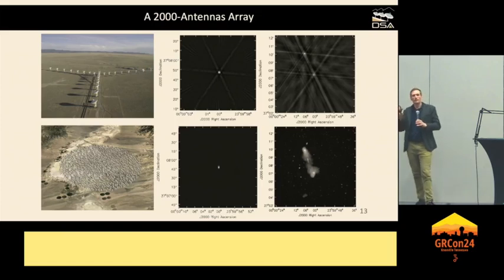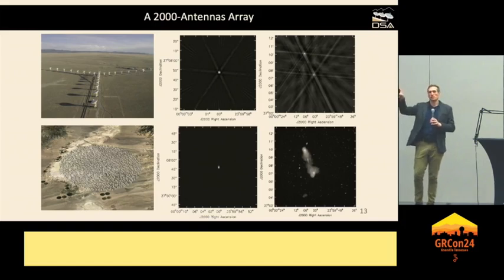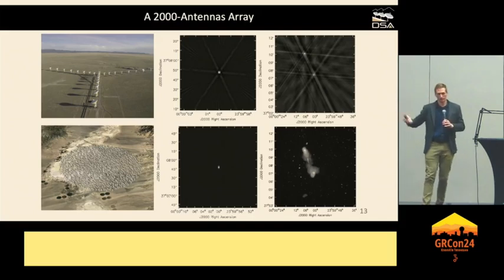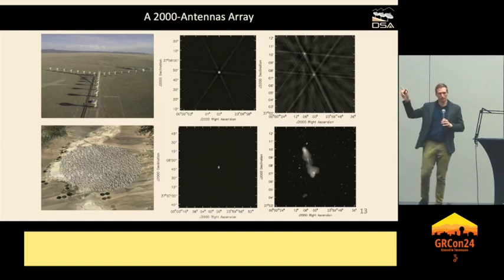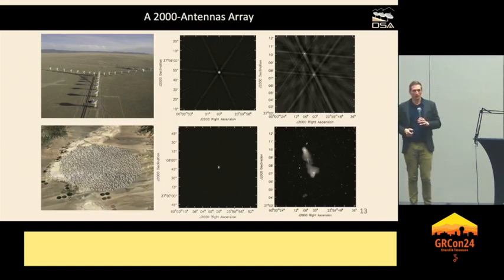Basically, when we image the sky with this telescope, what we get at the output is the image of the sky convolved with the point spread function of our telescope. And it's very dirty, as you can see, in the top right image. To actually do science with this kind of image, we need to run a heavily complex and heavily nonlinear algorithm that does a deconvolution.